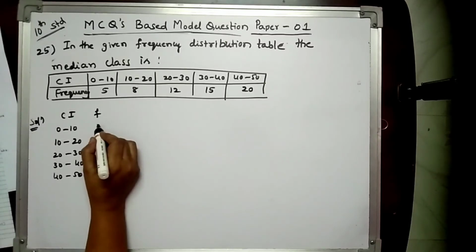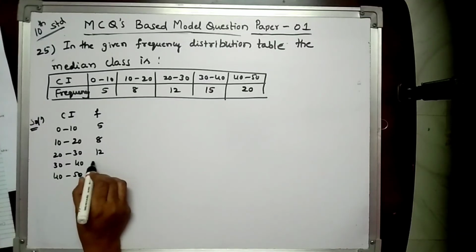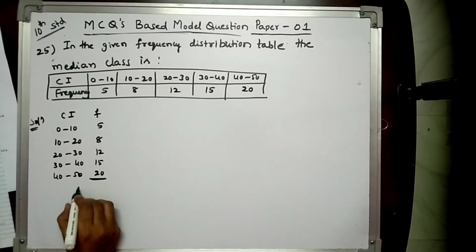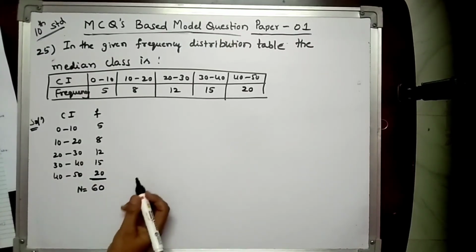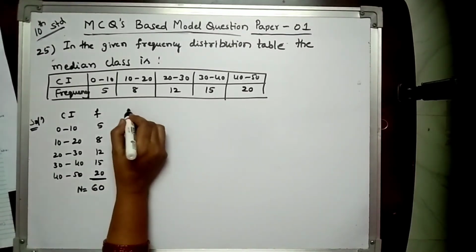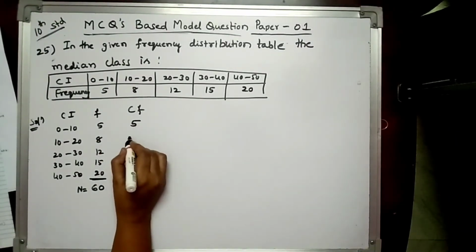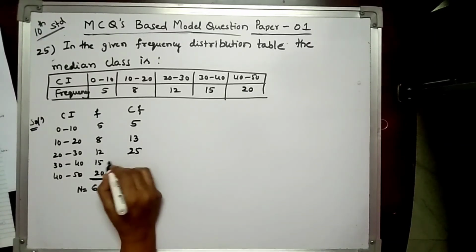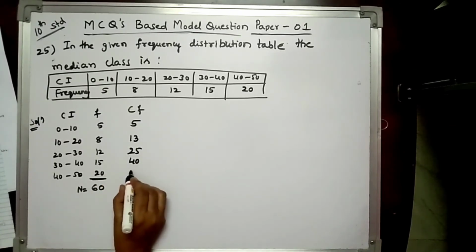The frequency is 5, 8, 12, 15, 20. Find n is equal to sigma f, so you add, you will get the total as 60. Next, cumulative frequency. First is 5, 5 plus 8 is 13, 13 plus 12 is 25, 25 plus 15 is 40, then 40 and 20 is 60.